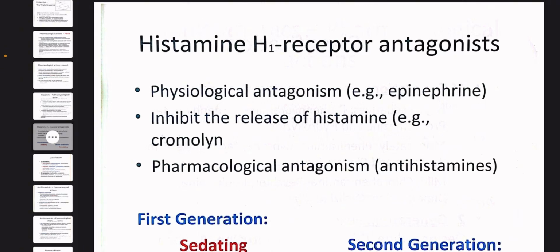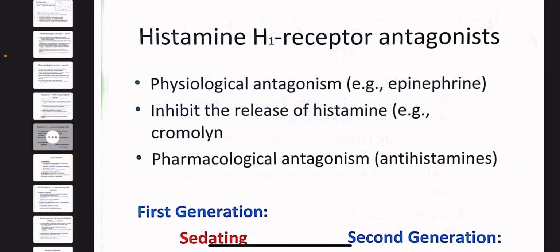But it's another type of hormone that will just go to another receptor, bind to another receptor, and cause the opposite effect of that other one that causes constriction. It will now cause dilation. That's what we call physiological antagonism. A type of antagonism where you don't bind to the receptor of another hormone. You bind to your own receptor, doing your own thing, but producing the opposite effects that hormone is producing.